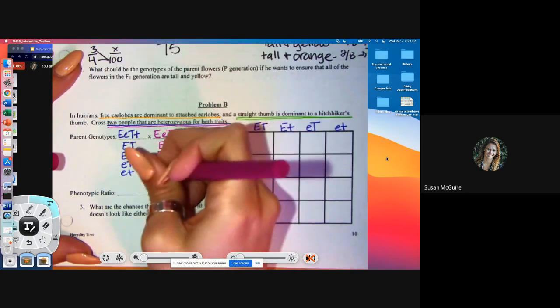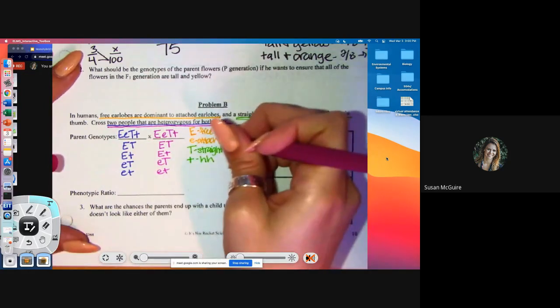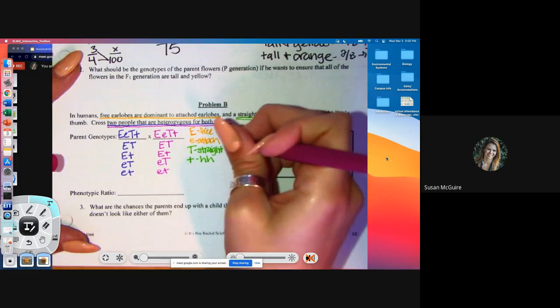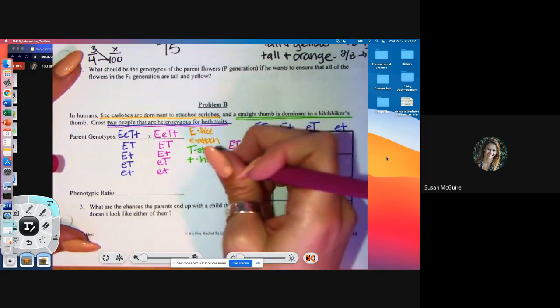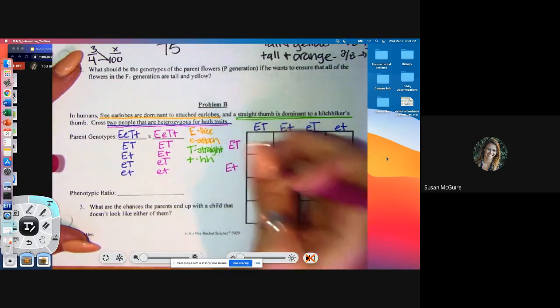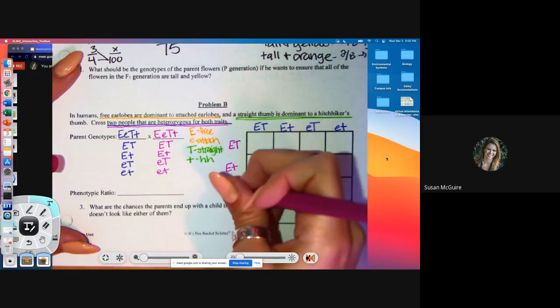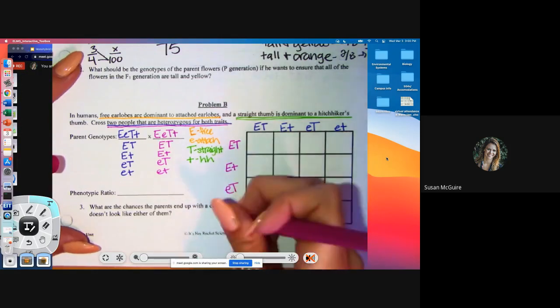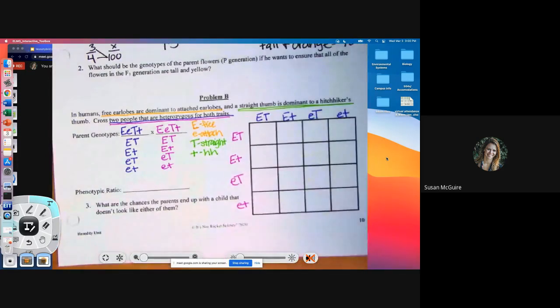So it'll just be 1 and 1, right? We did do a ratio like this in our notes.